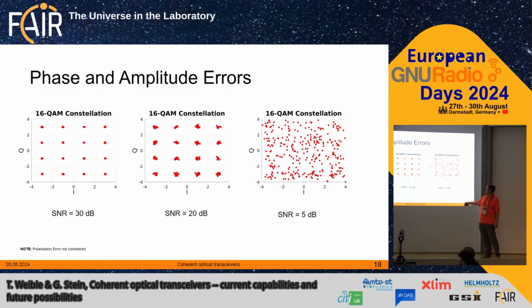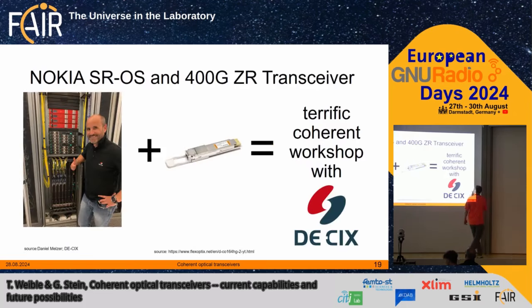But the lower this SNR gets, the worse it gets. Here you can still detect, but here you don't know. Maybe some of these spots were hit there, but were meant to be transferred in this area. So 5 dB is not a good transmission. You're getting closer to your noise, and that is what you want to avoid.